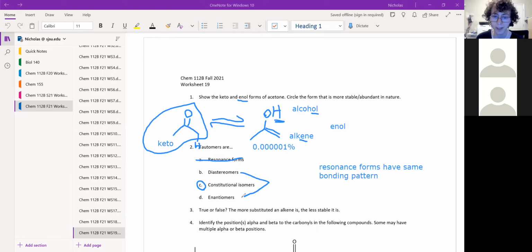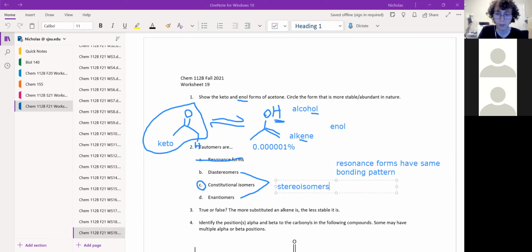And then these two, diastereomers and enantiomers, are stereoisomers. That would be something like if you have dashes and wedges and different alkenes and you're looking at different stereochemistries, that's what you would use those two terms for.